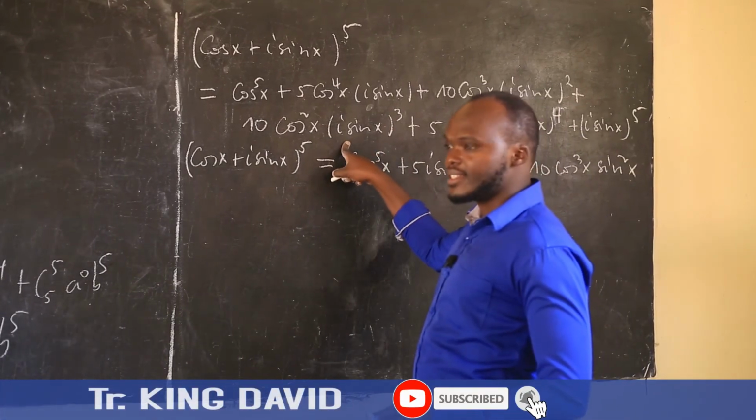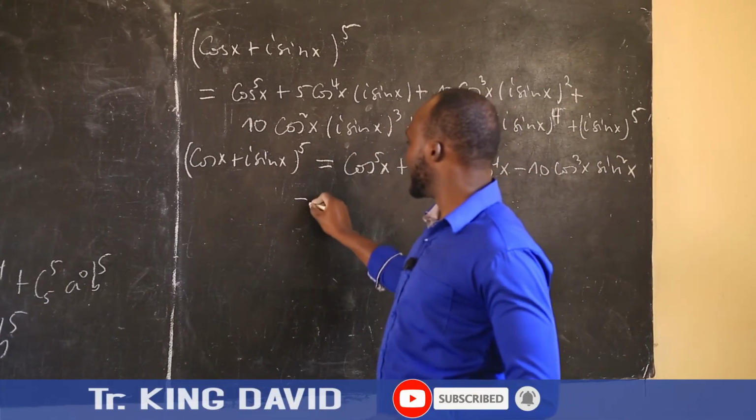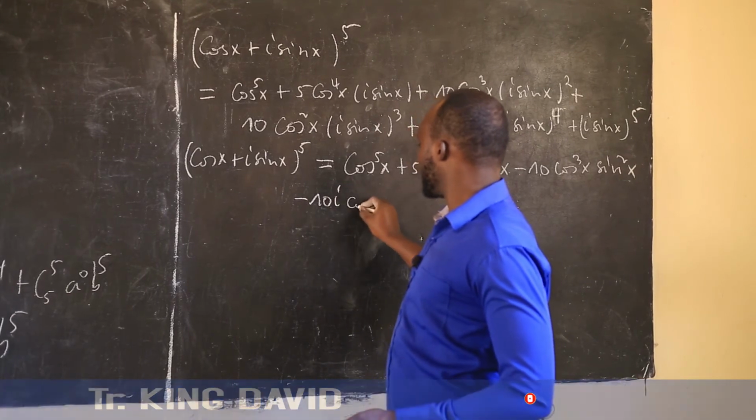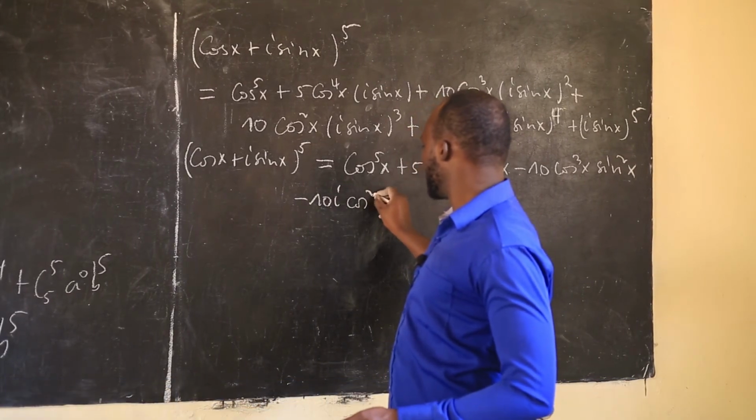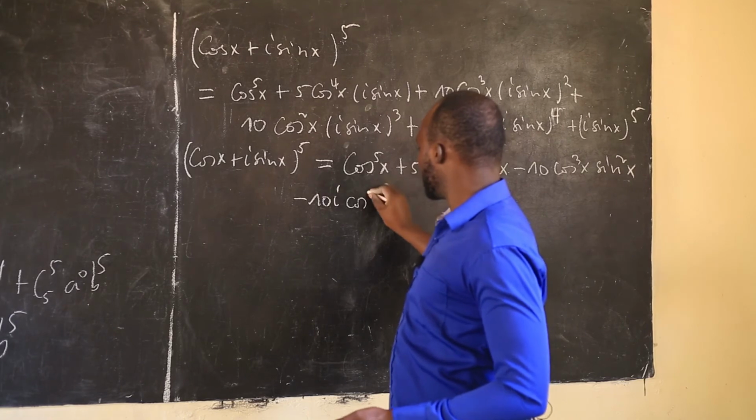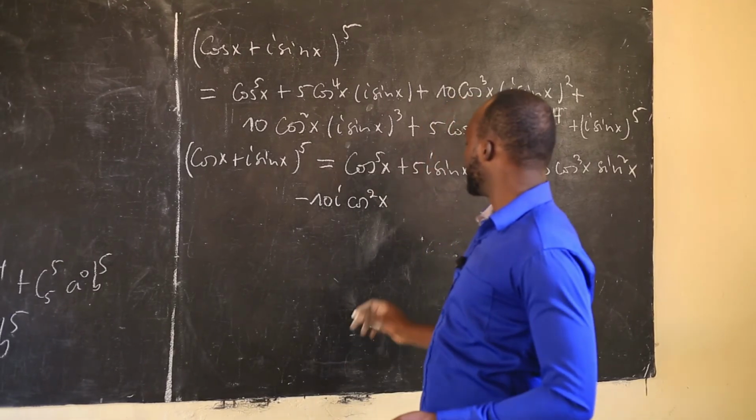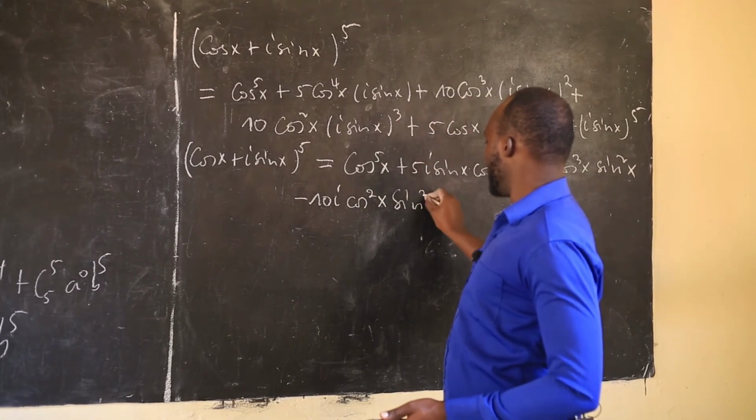Then i power 3 is negative i, this will be negative 10i cos squared x sin power 3 x.